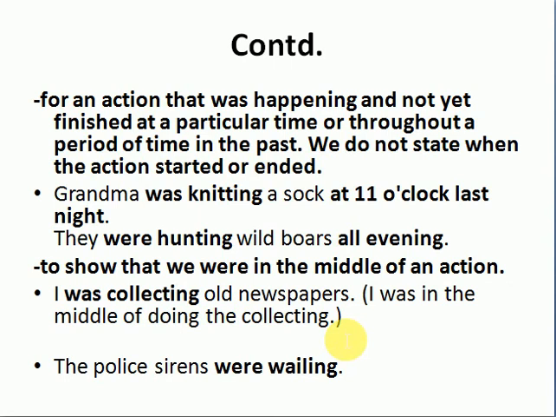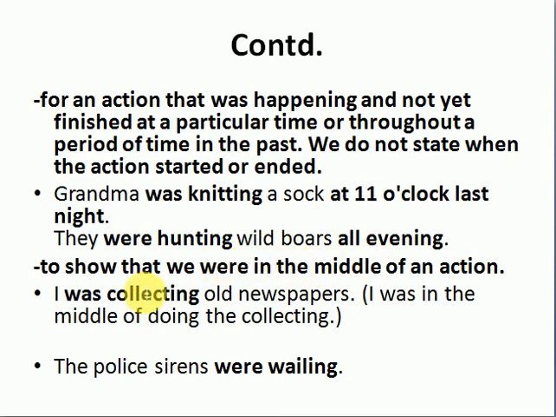And this is also used to indicate an action that was happening and that has not yet finished. That is not finished at a particular time or throughout a period of time in the past. We do not state when the action started or ended. Like, grandma was knitting a sock at 11 o'clock last night, or they were hunting wild boars all evening.